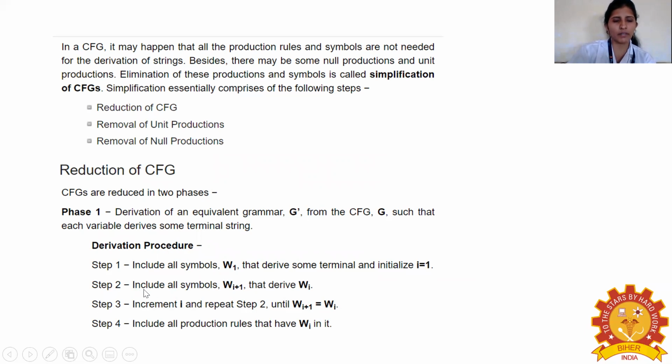Step 2, include all the symbols W(i+1) that derive Wi. Step 3, increment i and repeat step 2 until W(i+1) is equal to Wi. In step 4, we include all the production rules that have Wi in them. So this is the phase 1 procedure.